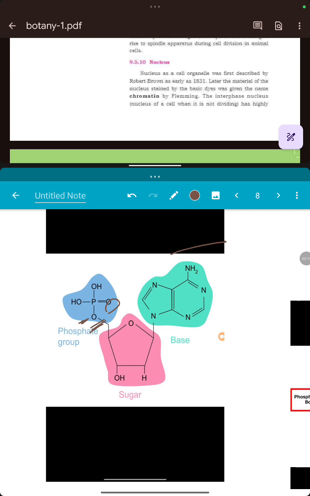So DNA will be stained blue because the dye was blue already. When it forms a bond with oxygen, it appears blue as a whole. When it was stained, the name chromatin was given to it.